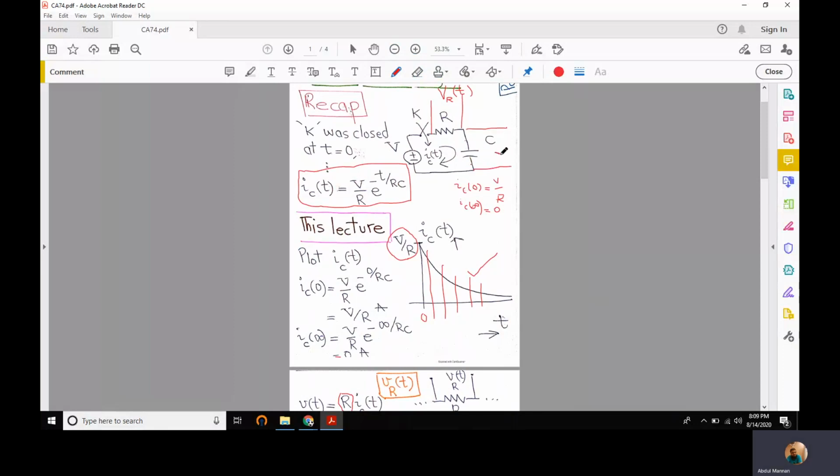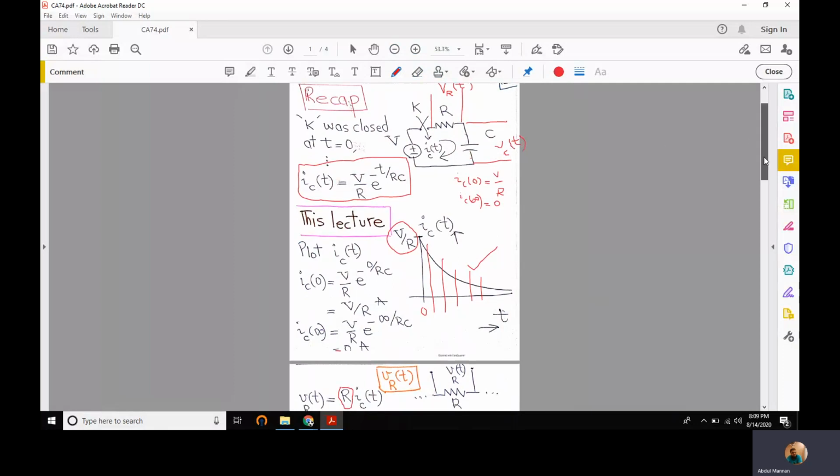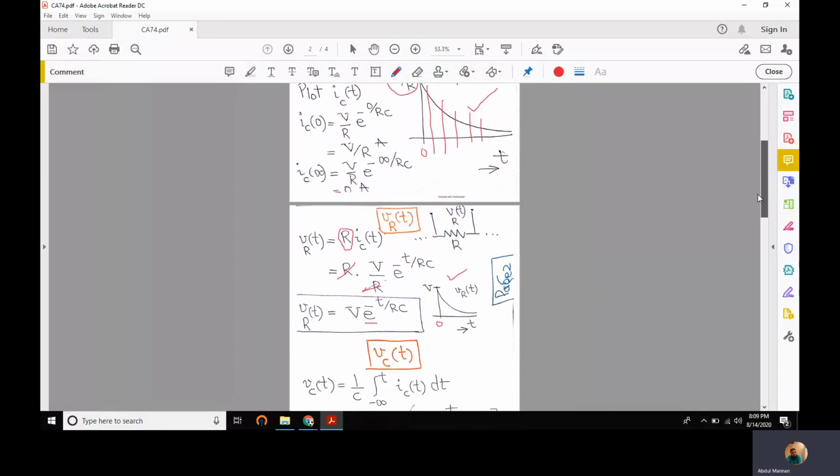So we have to compute this voltage VC of t, a quite general expression for the voltage. And if you put t is equal to 0 in that expression, it should come out to be 0 because initially the voltage drop across it is 0. So let's see how we can compute it.